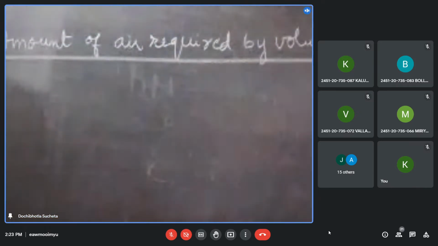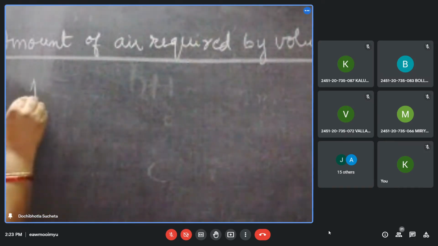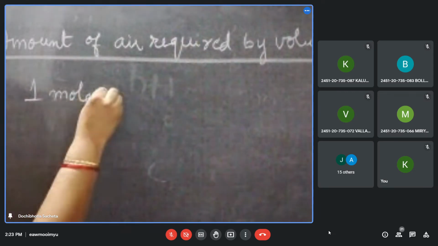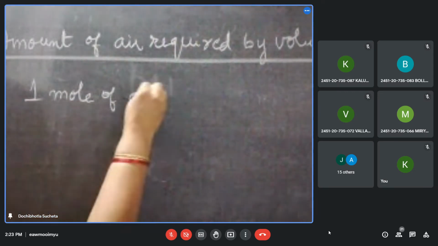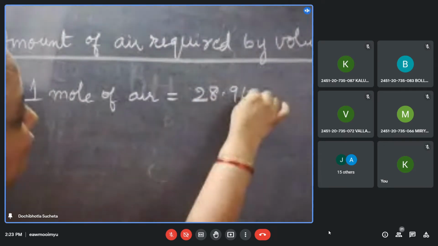Okay, amount of air required by volume. How are we going to solve this? We know that 1 mole of air has how much weight? The molecular weight of air is 28.94 grams. Okay, 1 mole of air weighs 28.94 grams.